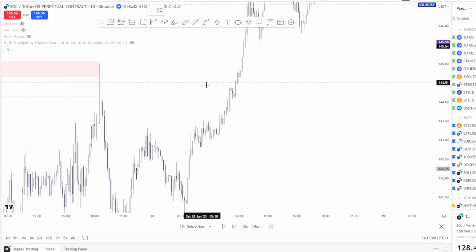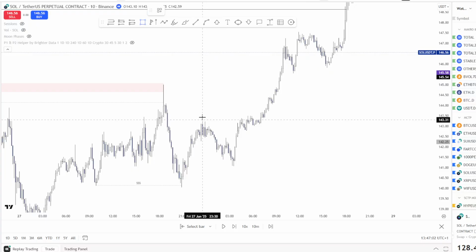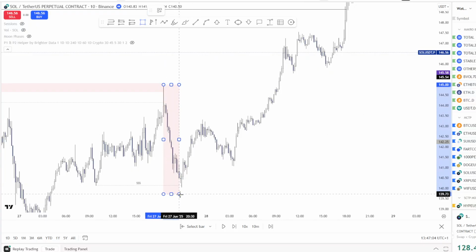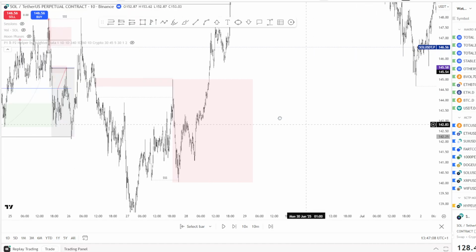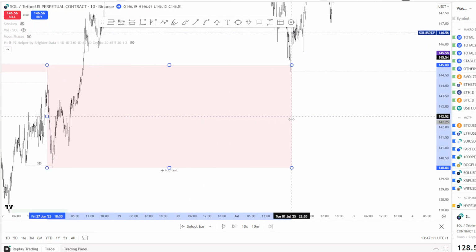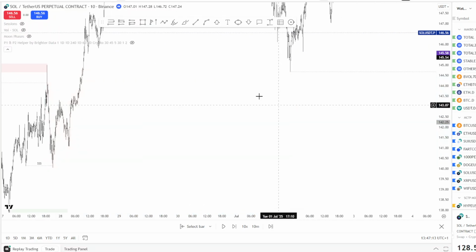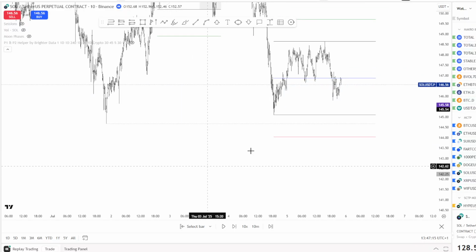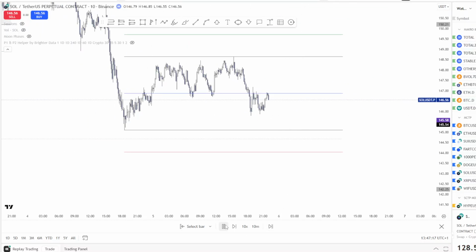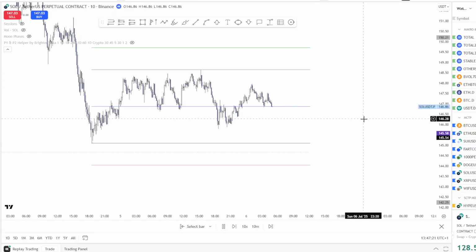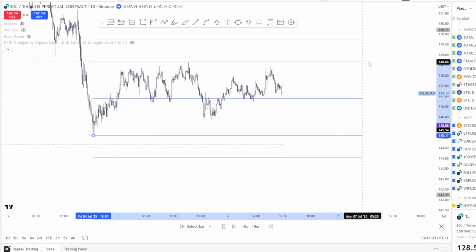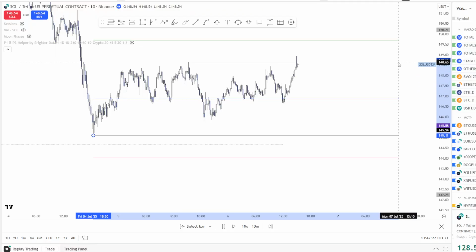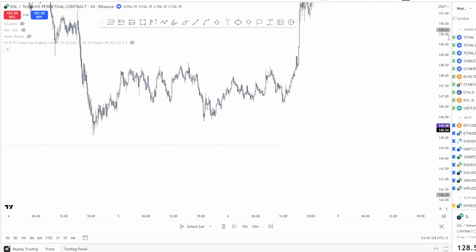Yeah, this all can be demand, but we already mitigated here. So yeah, let's see if we can get an accumulation here that is actually tradable, but seems like price is moving up again.